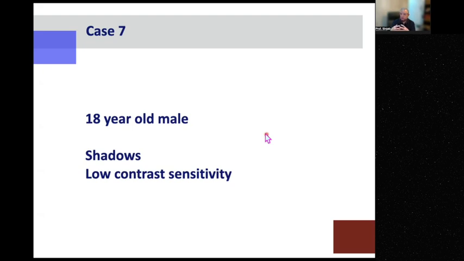Okay? Now, what's the meaning of this? If the contrast sensitivity is very low, the patient will suffer when minding the steps. They cannot go on the steps. They may fall down because they cannot see the difference between the two steps.